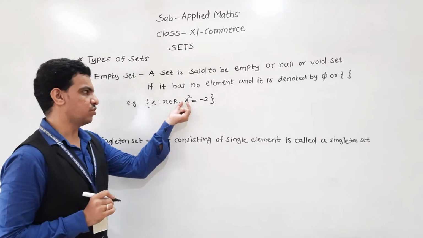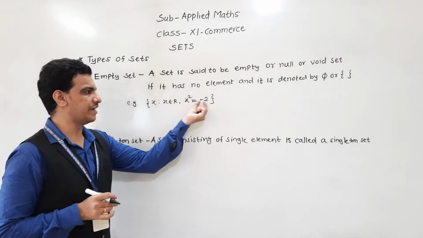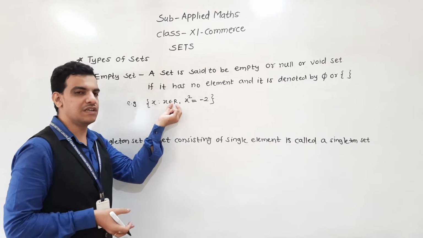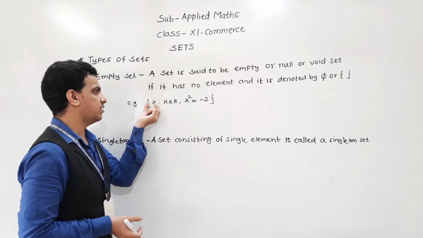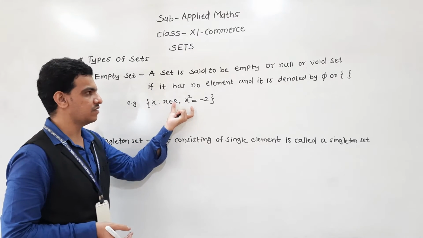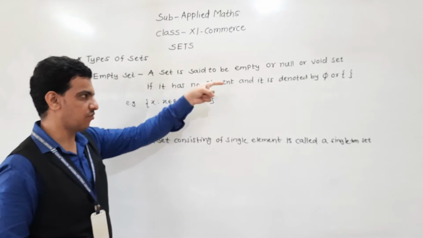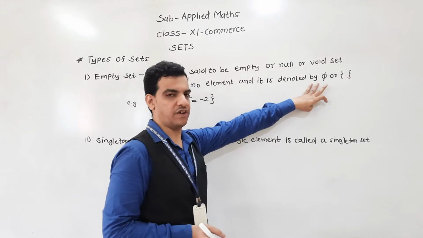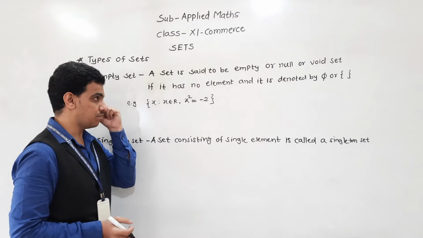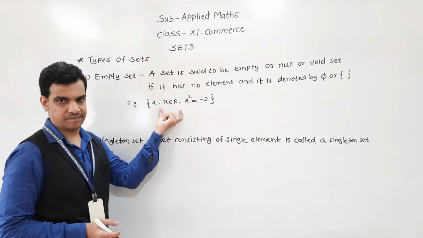We know that the square root of negative numbers we cannot find in real numbers. So here this set is an empty set, or we can say it is a null set or void set, and it is denoted by phi. So this is an example of an empty set.